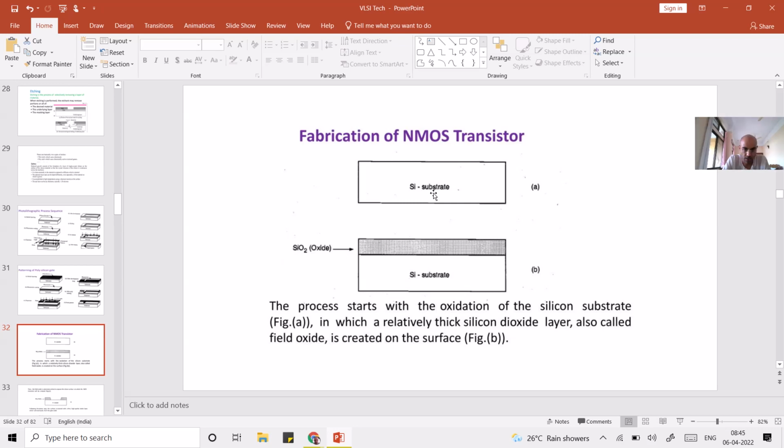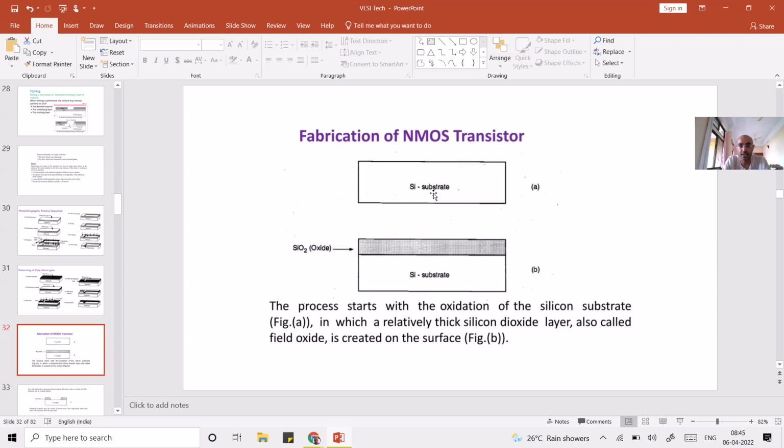But when you try to fabricate the MOSFET on the 111 substrate, its performance is not good. Why? As I have told you, the distance between the adjacent crystal planes is very small.